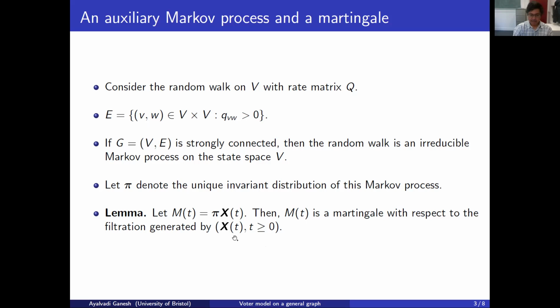But because x_t is a Markov process, the history is summarized by the current state. So we only need to show the change in expectation conditional on any given state. If I tell you that x_t equals x for a specific x, then you have to show that the change in expectation is 0 no matter what that x was.